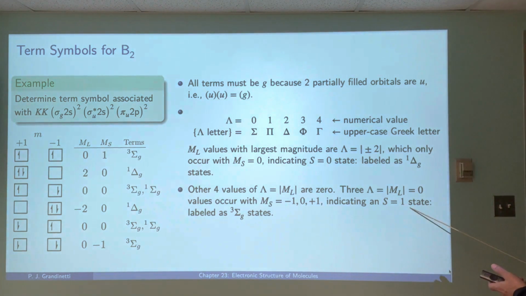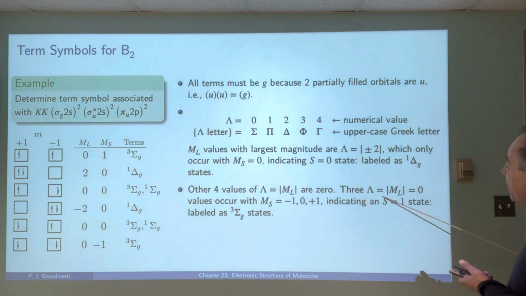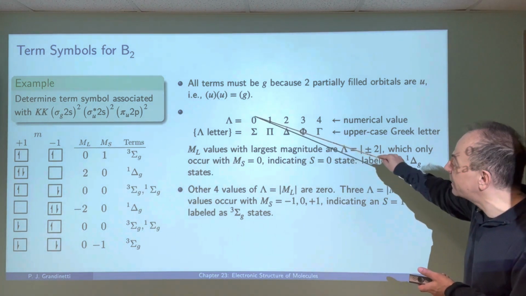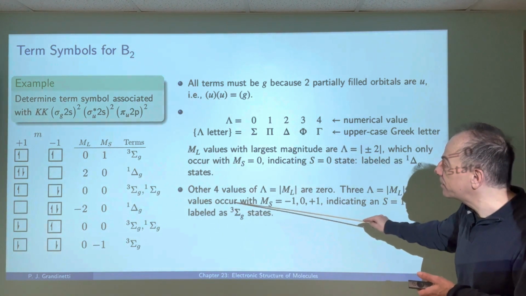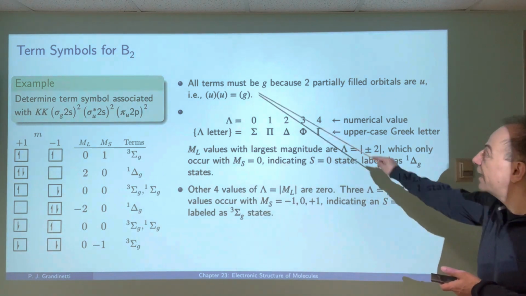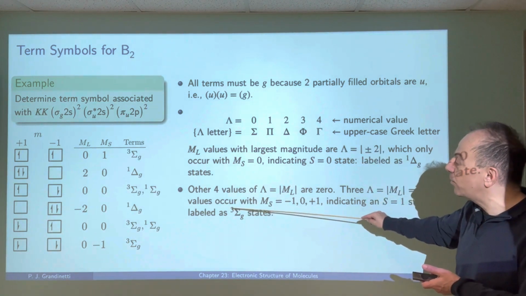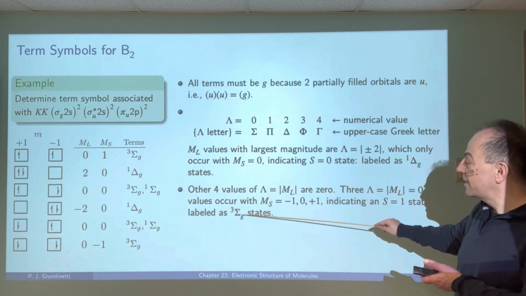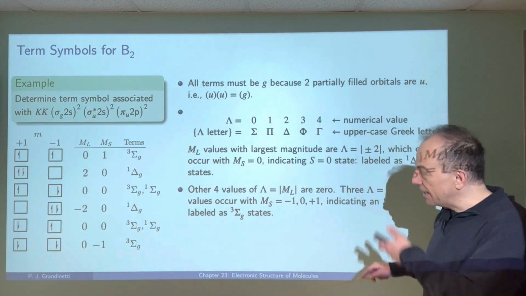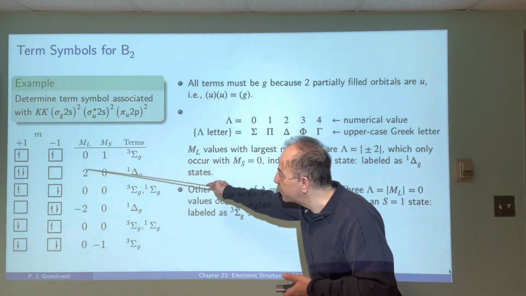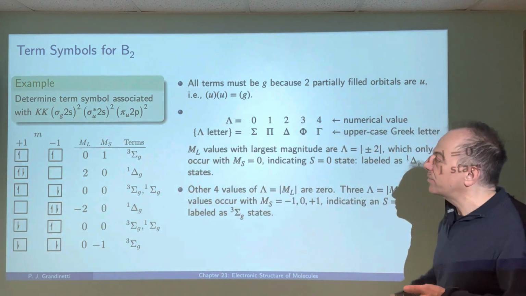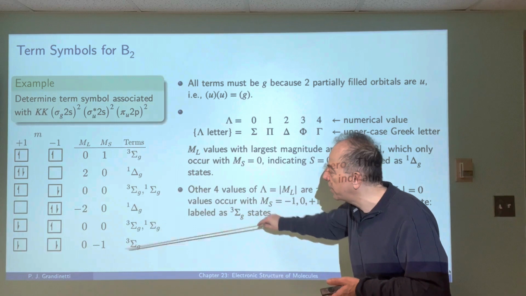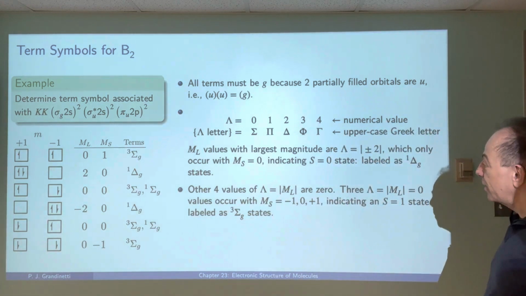So that means we have this S equals 1 state. With lambda equal to 0, we have a sigma state. With S equal to 1, we have a triplet. So the multiplicity is 3, and again, it's G, so we're going to label this triplet sigma G. So these states that all have M sub L of 0 are possibly associated with the triplet sigma G.